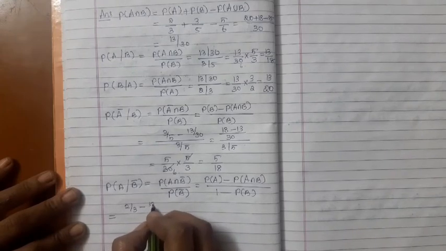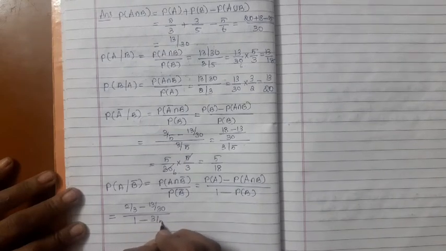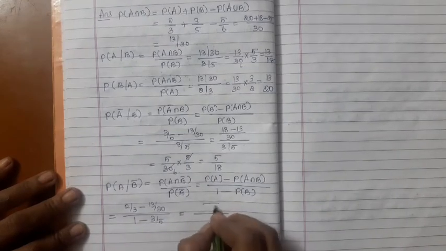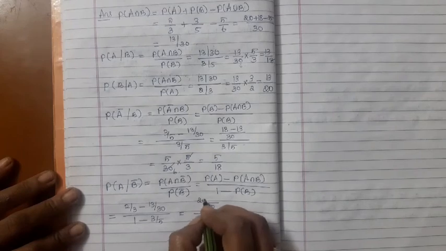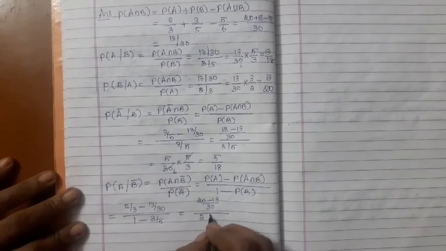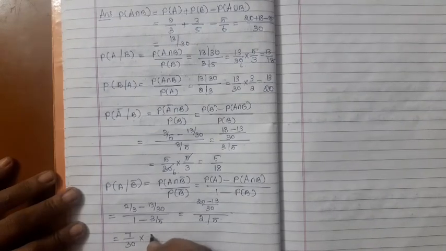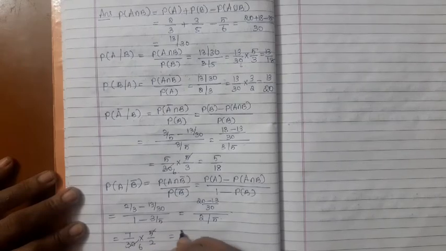Probability of A intersection B is 13 by 30 and this is 1 minus 3 by 5. So if you take 30 as the LCM, you get 20 minus 13 here and 5 minus 3 by 5, 5 minus 3 is 2 by 5. So it is 7 by 30 into 5 by 2. The answer is 7 by 12.